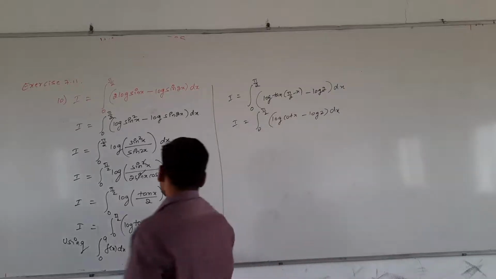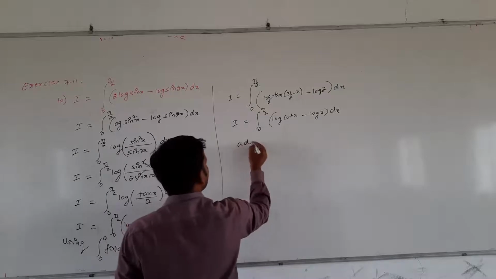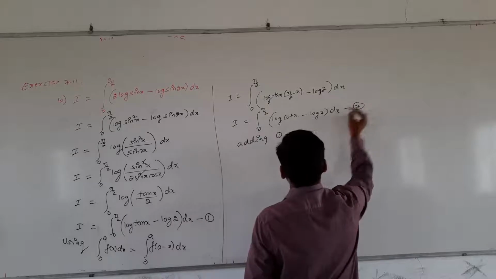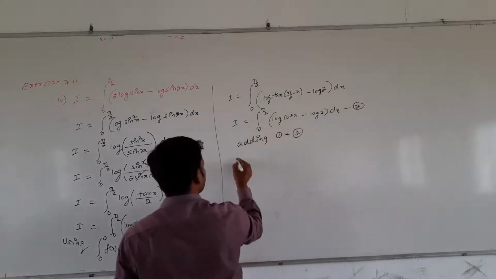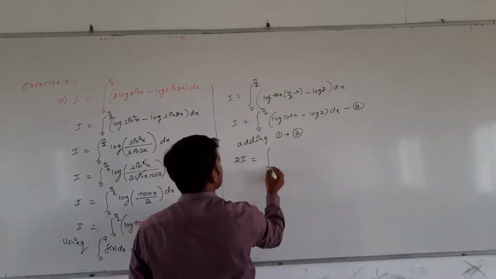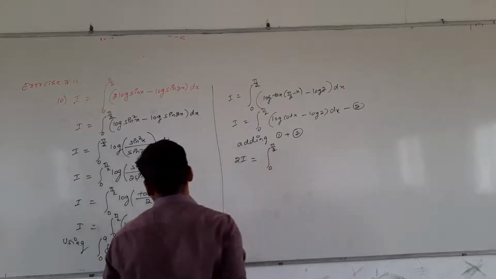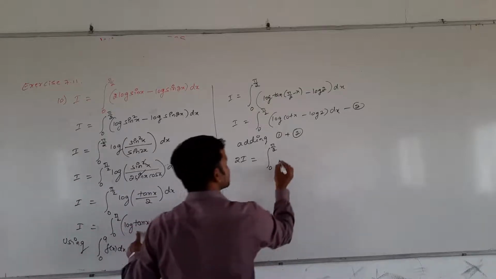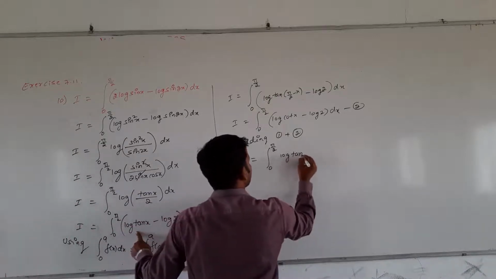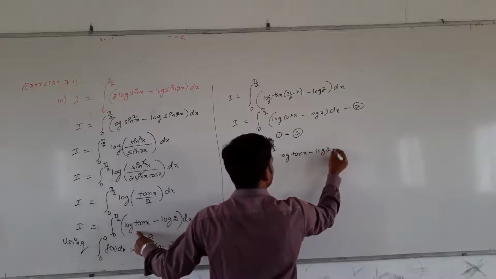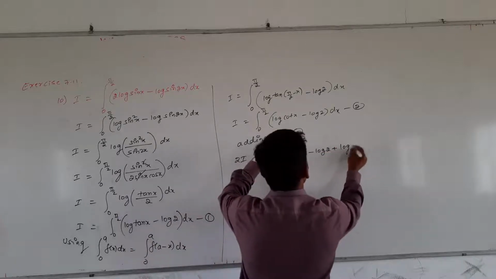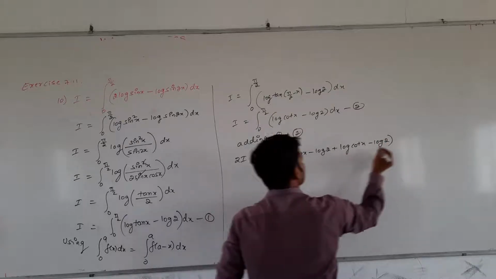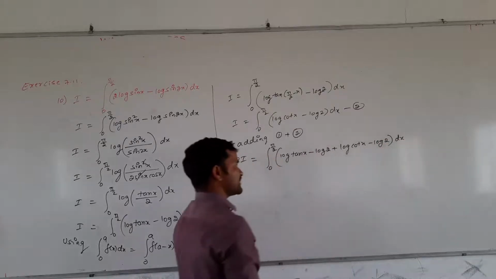Okay, now from 1 and 2, we will add 1 and 2. Adding equation 1 and this equation 2 here, left hand side I plus I, 2I, is equal to the integral from 0 to pi by 2. Both integrals have the same limits, 0 to pi by 2. This is log of tan x minus log 2, and this one is log of cot x minus log 2, and the whole integral is with respect to x.